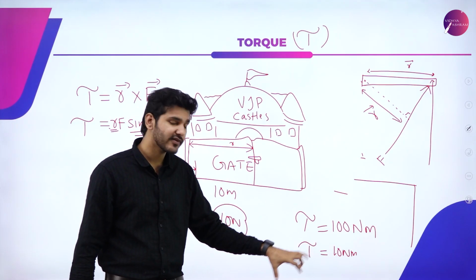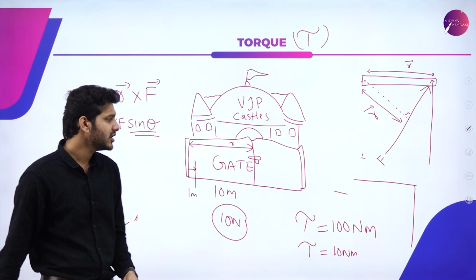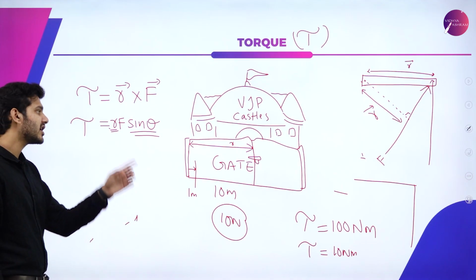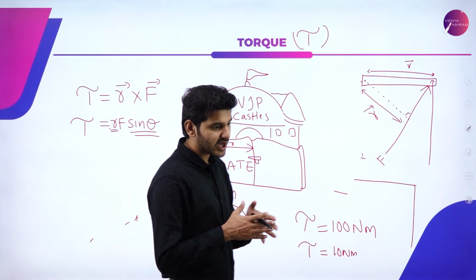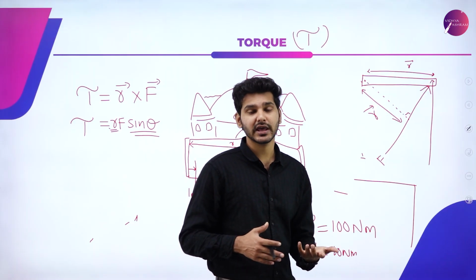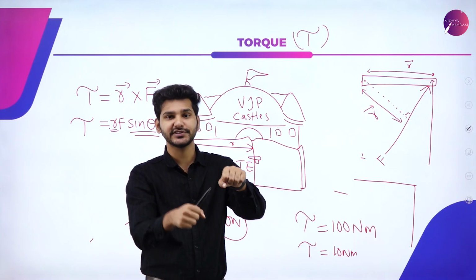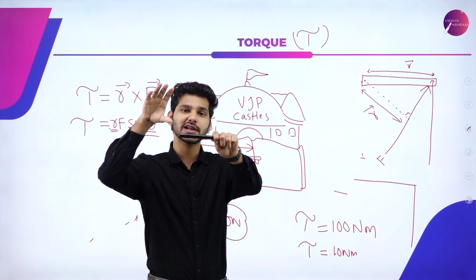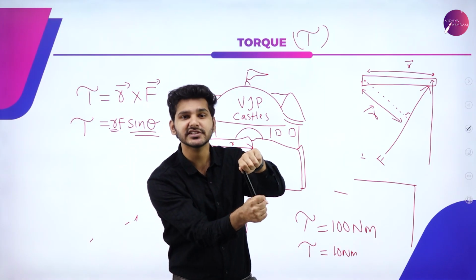So depending on the R value, the entire torque value changed, and depending on the angle also. Here I'm assuming that the angle is 90 degrees, so sine 90 is 1 and R times F will have the maximum value. If you are far away from that particular point, more torque can be produced. That is why when you are opening twisting doors, people automatically go to the edge and try to twist it.